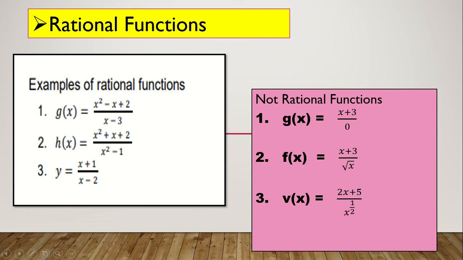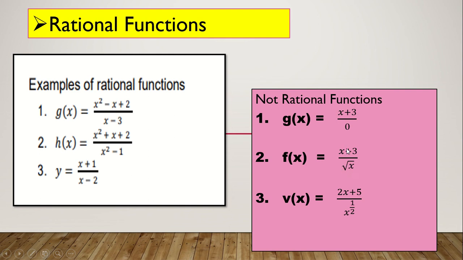While here in the other one, the first is x plus 3 over 0. So we have a 0 denominator, so it is not a rational function, because your answer would be undefined. F of x, same thing: x plus 3 over square root of x. It is not rational, because we have a square root of x.